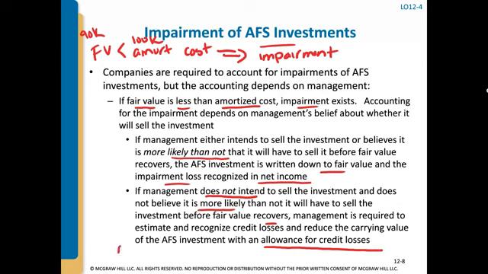You're going to have your investment at a certain amount, then your allowance for credit losses decreasing that amount, and then you're going to have your net investment. So that's only if management is not planning on selling it, and does not believe that it is more likely than not that they will have to sell it before the fair value recovers.